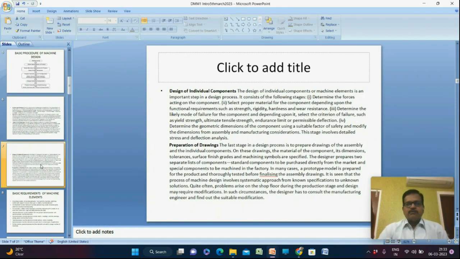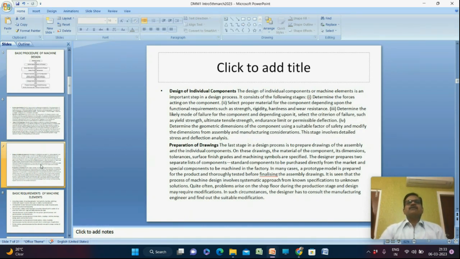Next, determination of the geometric dimensions of the component using a suitable factor of safety and modify the dimensions from assembly and manufacturing consideration. This stage involves detailed stress and deflection analysis.